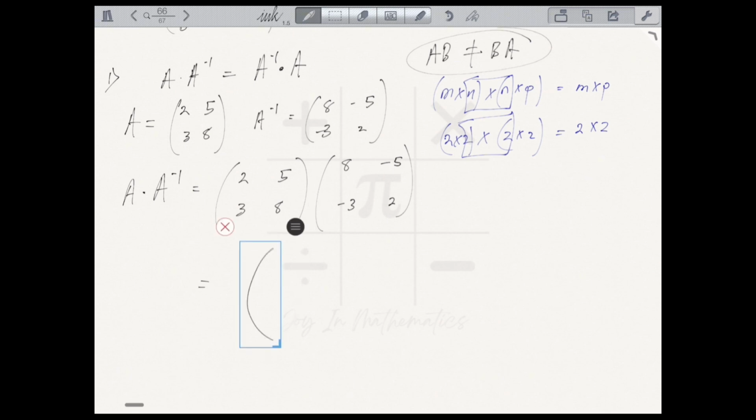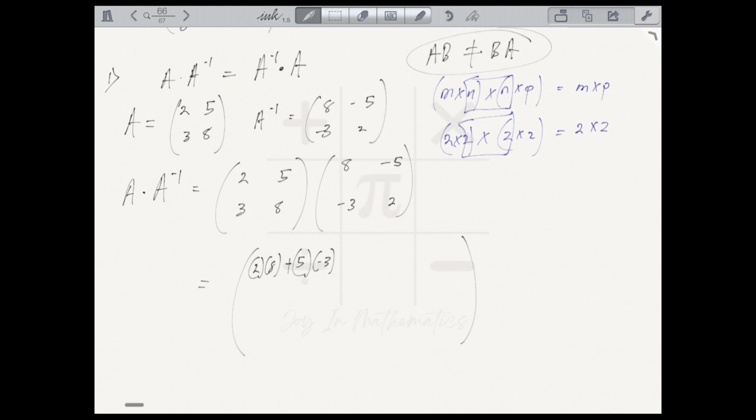So let's look at this now. We are looking at the 2 by 2 matrix just as we did before. Row 1 of A multiplied by column 1 of B: that's 2 by 8 plus 5 by minus 3.